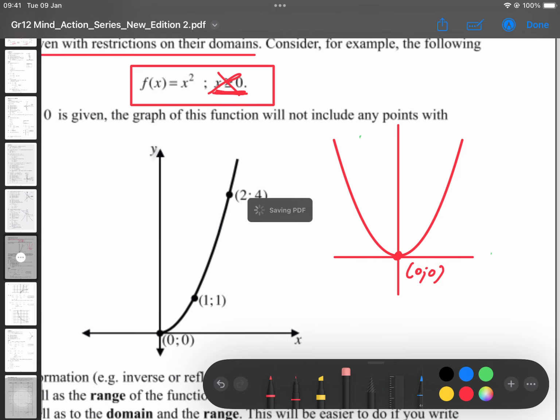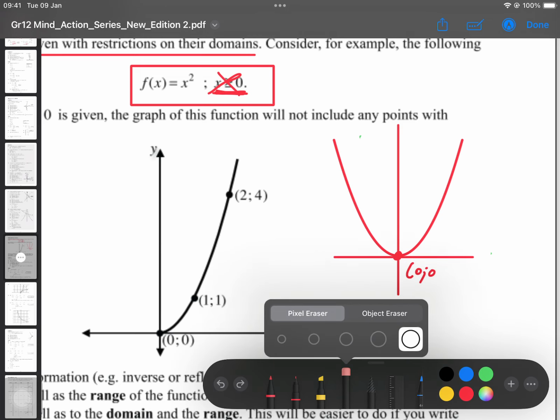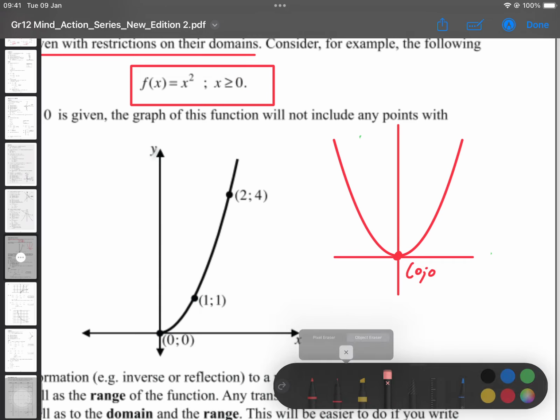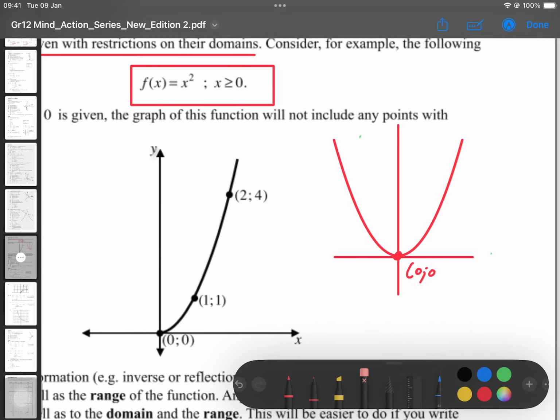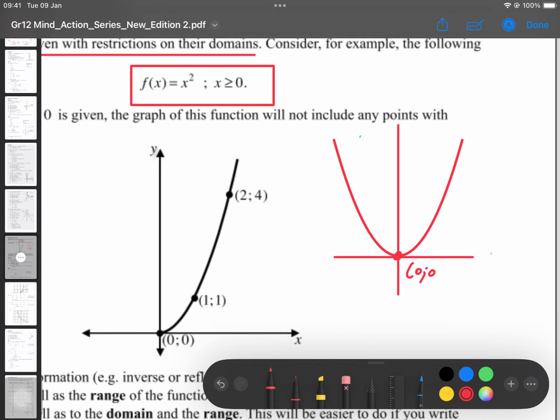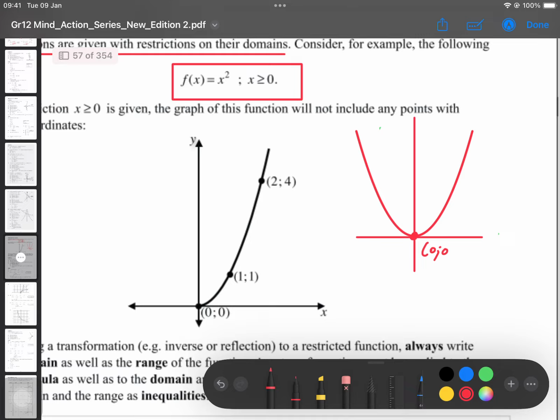Now if we consider that thing next to the equation, that is x is bigger than or equal to 0, it says we only consider the x's that are 0 or bigger, so we only look at that side.